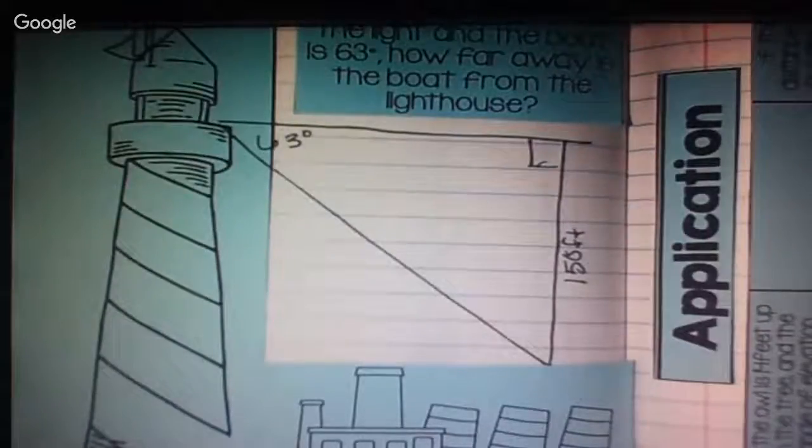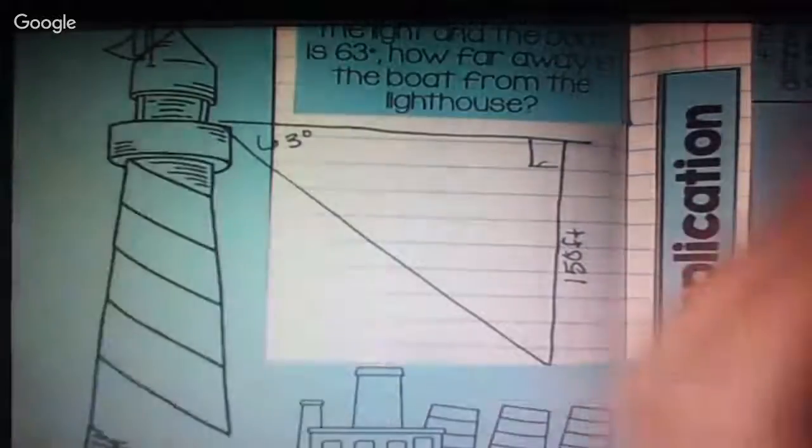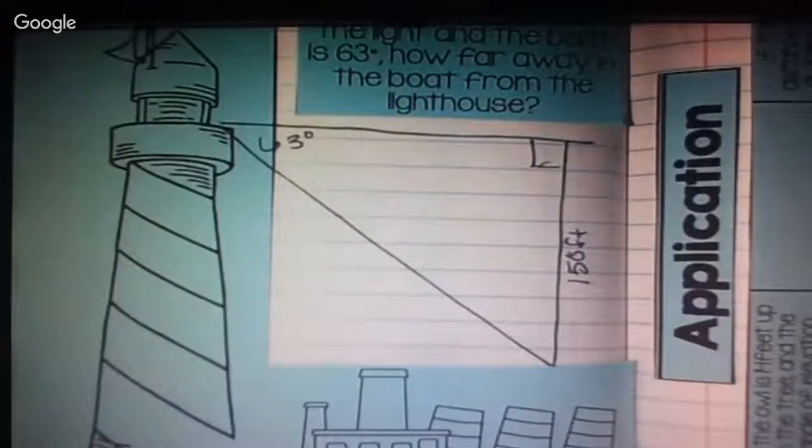They want to know how far away is the boat from the lighthouse? Wait, why is that side? Because it says it's 150 feet taller than the boat. So tall is talking about height. I thought it would have been on the light. It would, but it's on this side. It's okay. It's still the same thing.